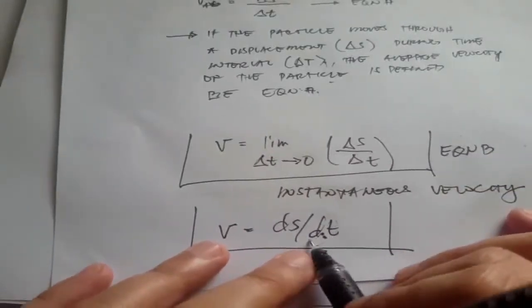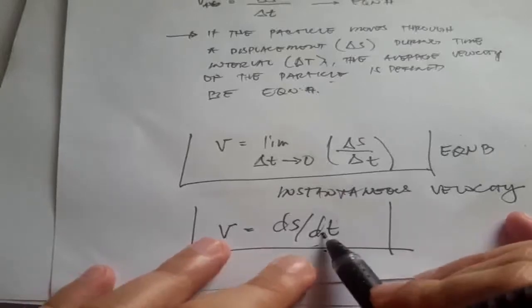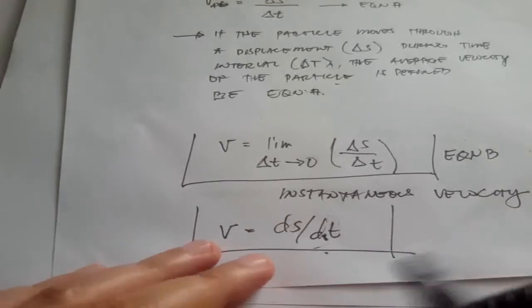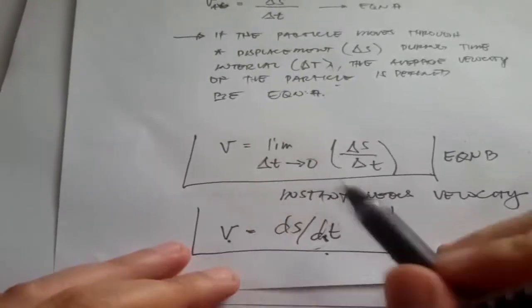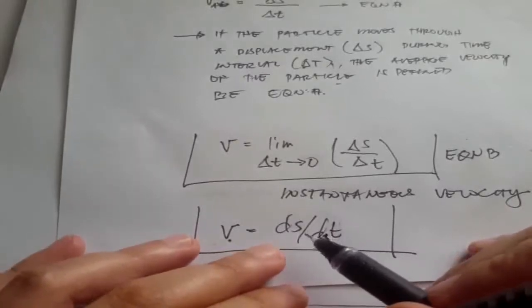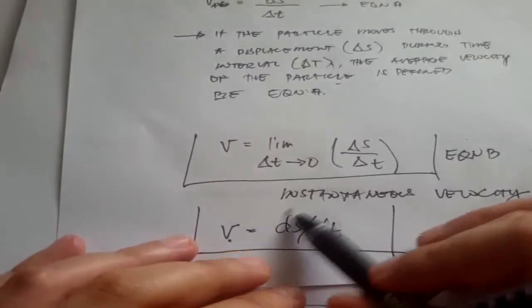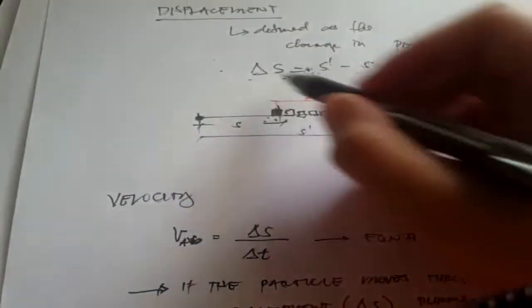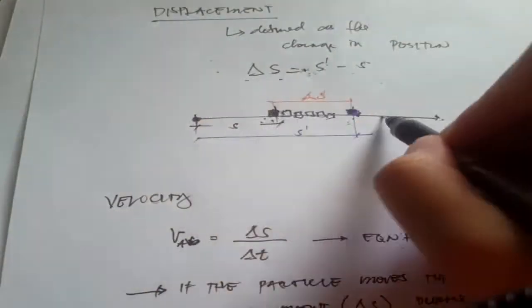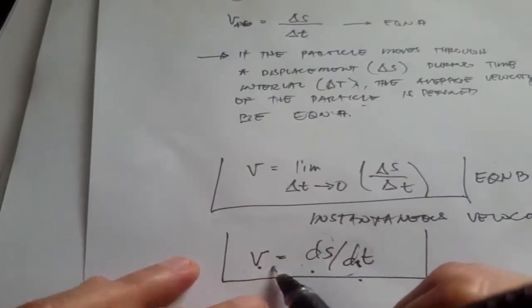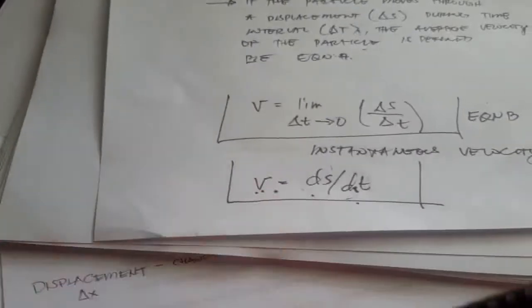Now we don't use that. So since dt is always positive, the sign that we use to define the sense of this velocity is the same as the sign that we are going to derive from delta s or ds. Okay, so whatever the sign of your displacement ds will be the sign of your velocity. Okay, that is the difference.